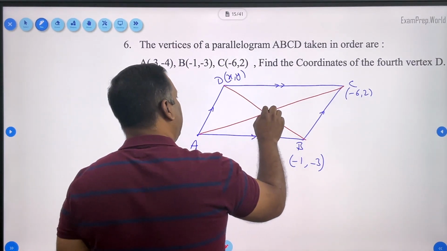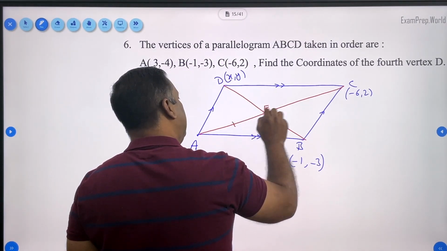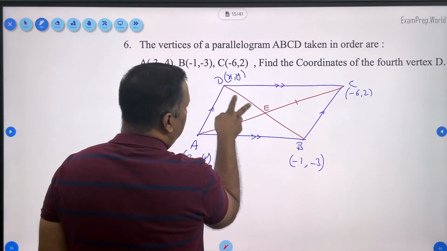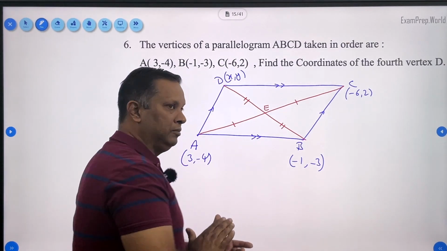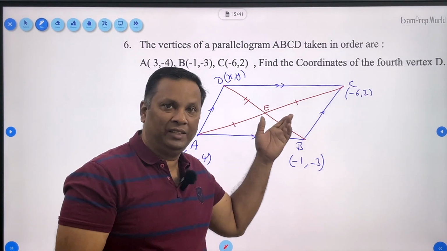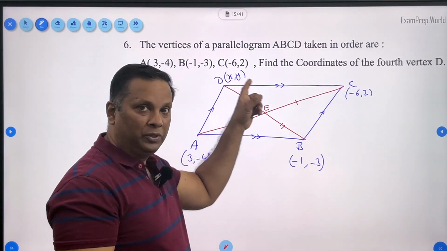That means if I write this point as E, AE will be equal to EC. Similarly, DE will be equal to EB. Now what you are getting? The midpoints of both the diagonals are the same. And using this property, we are going to solve this question.